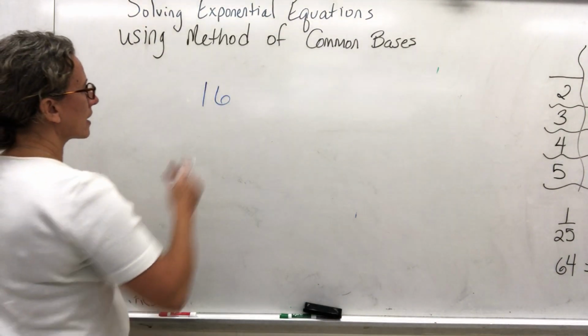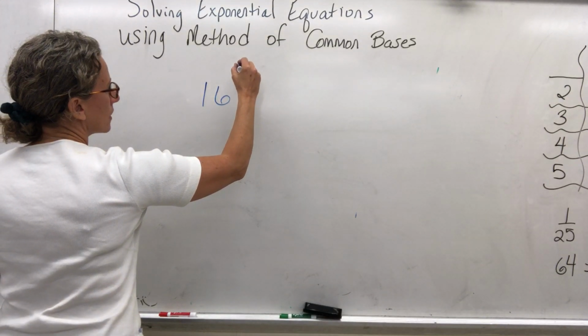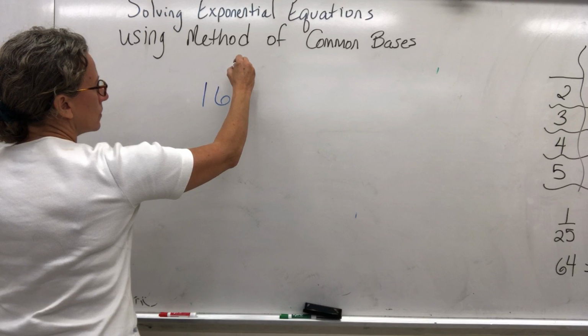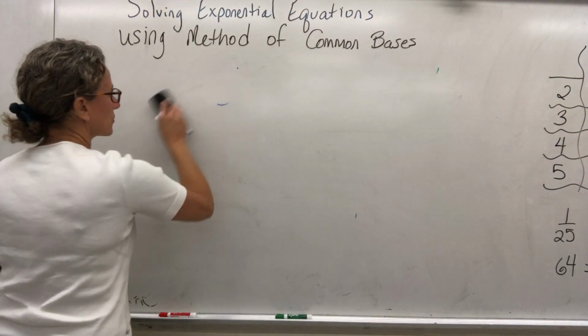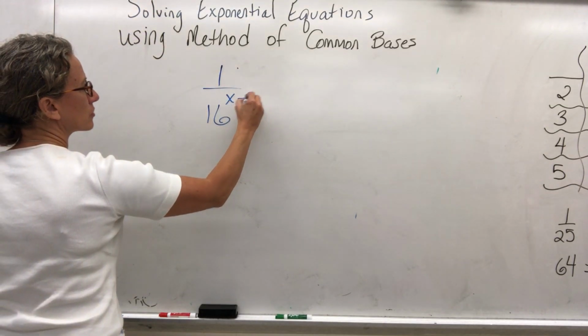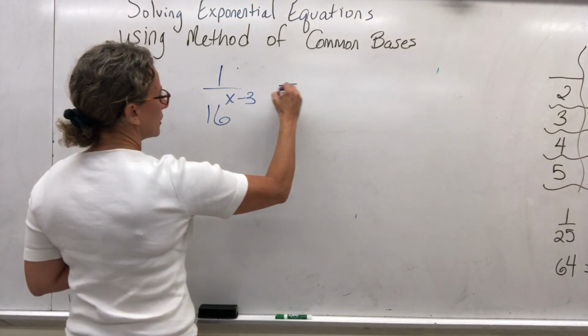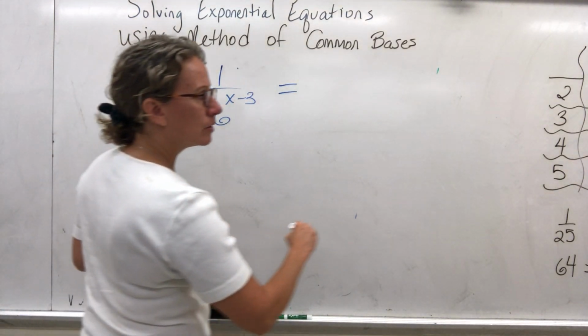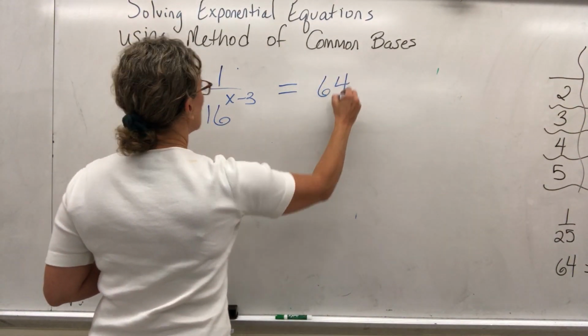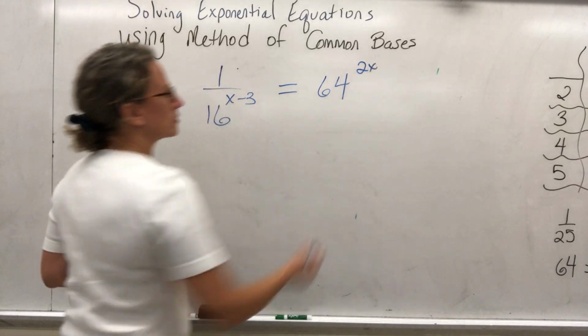Let's do 1 over 16 to the x minus 3, and I'm going to equate that to 64 to the 2x power.